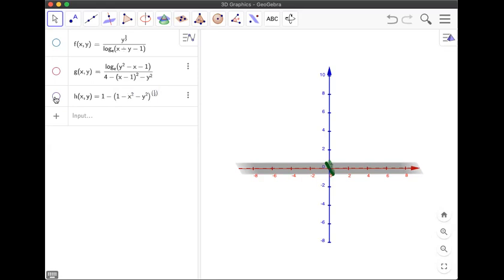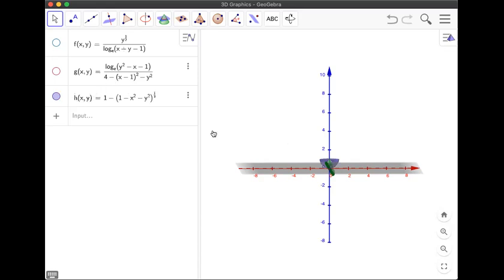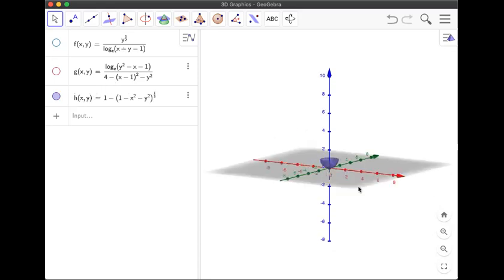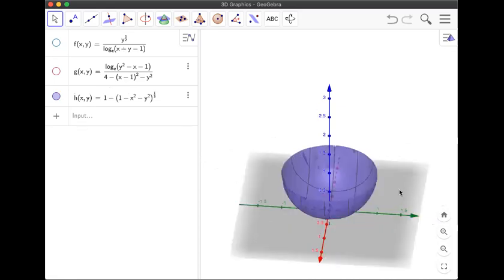Okay? What happened there? I did not enter that. Repeat. So we have the quantity 1 minus x squared minus y squared raised to 1/2. Enter. Okay. So you look at that. That's our lower hemisphere.